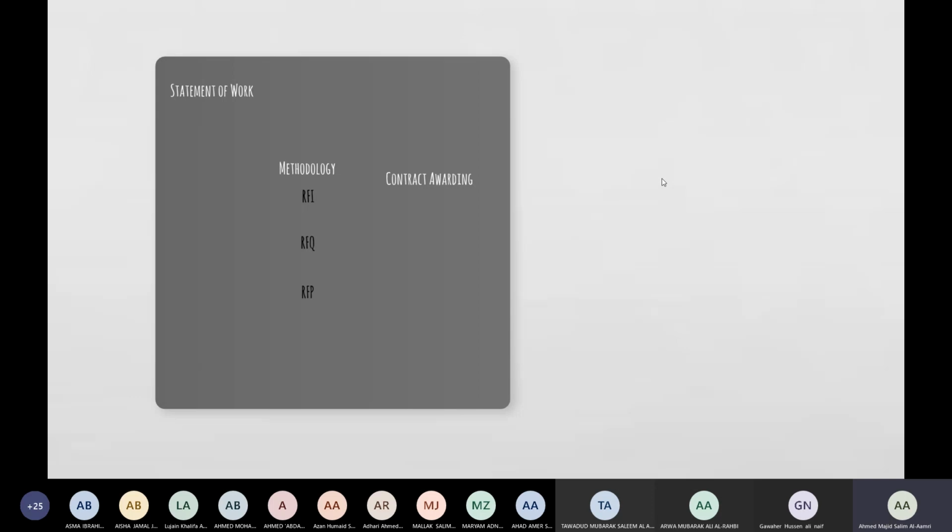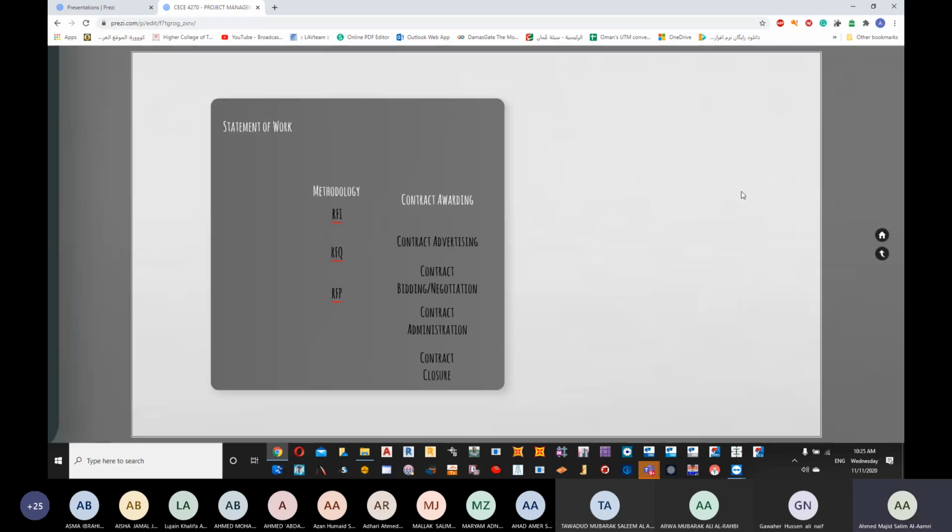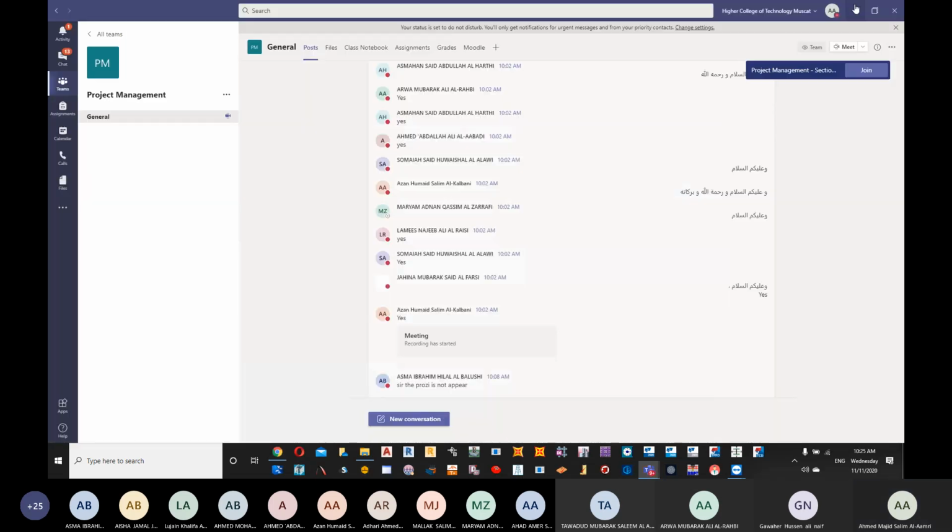Now, let's say I want to award the contract, to give a contract to another person. What's the first thing that we normally do? Let's say I have a house, and I have prepared my drawings and everything. What's the first thing that we normally do?